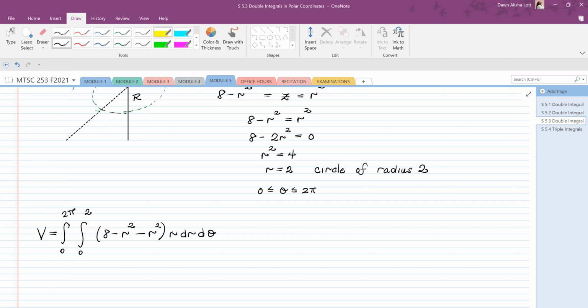Don't forget that r. It's always r dr d theta. Okay, so this is an easy integral, and it turns out to be 16 pi.